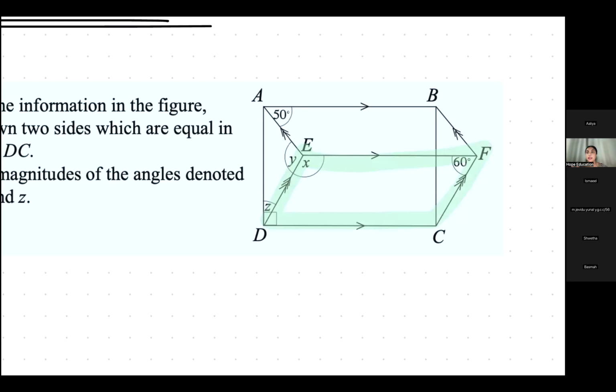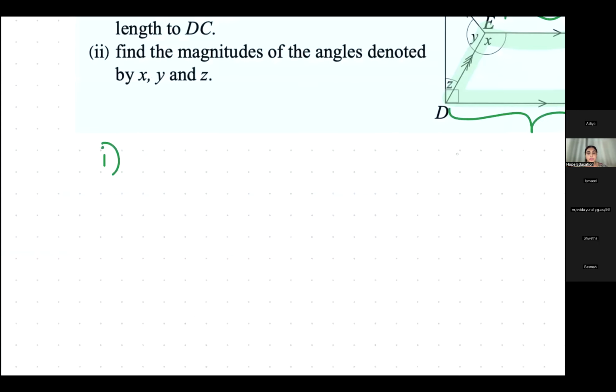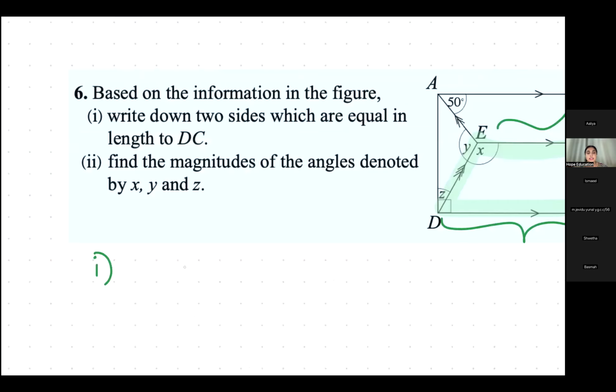And we know in a parallelogram, opposite sides are equal, opposite angles are equal, all that. Therefore, we know DC is equal to EF because this is a parallelogram and they're opposite sides. So we can say DC is equal to EF. What is the reason? We always have to write a reason. Opposite sides of a parallelogram.